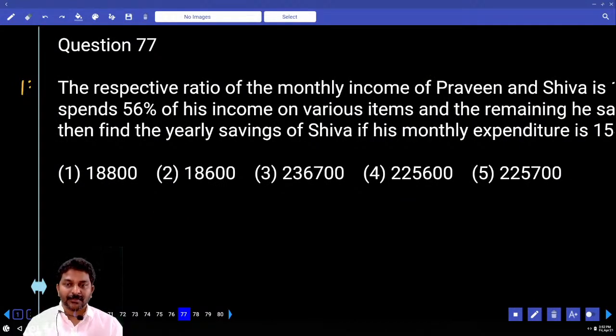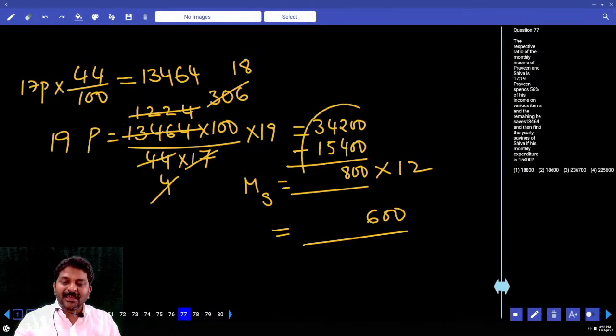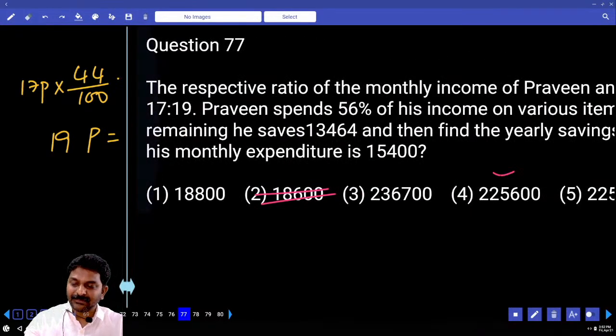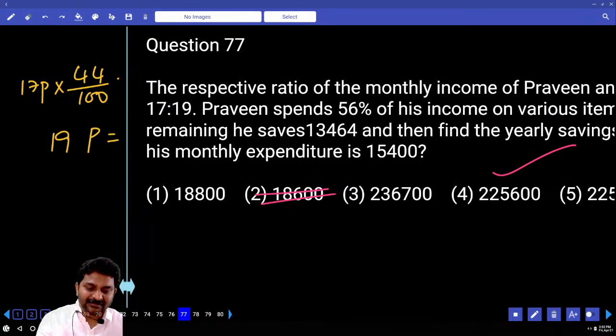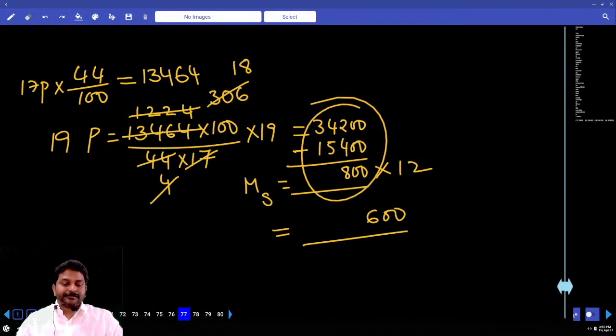Come on. Can this be your answer? Because you'll definitely get a 5-digit number here itself. That is multiplied with 12, then you will get a 6-digit number. Understood? So can your answer be the second option? Fourth is the final answer. Over.